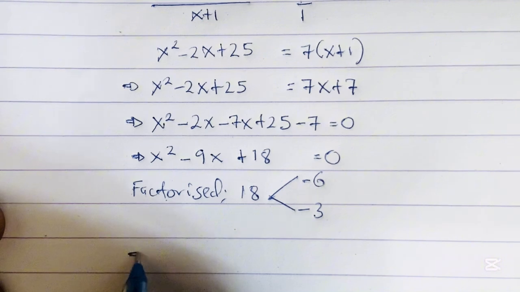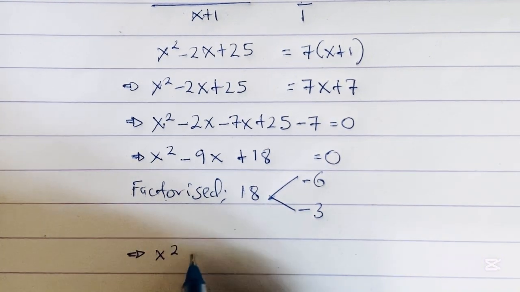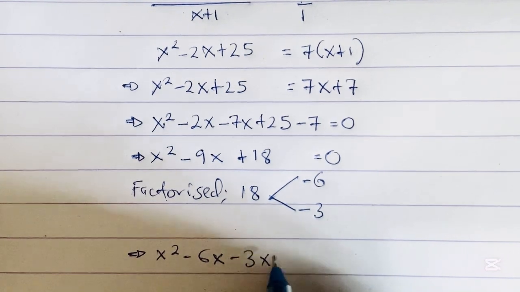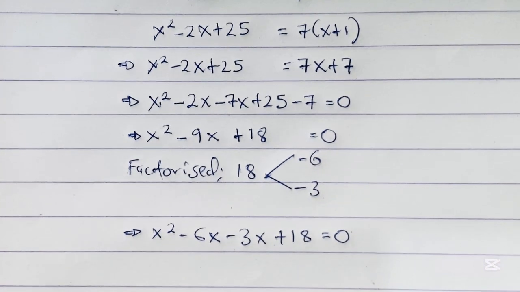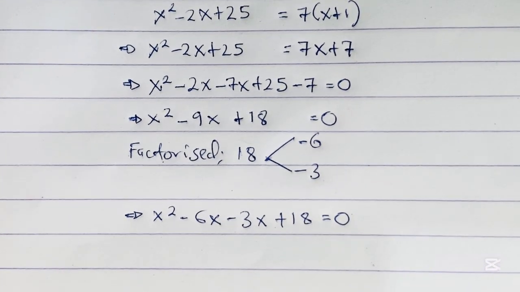So back to our equation, it's going to be x squared minus 6x minus 3x plus 18 is equal to 0. You see how the factorization method is very easy to use.